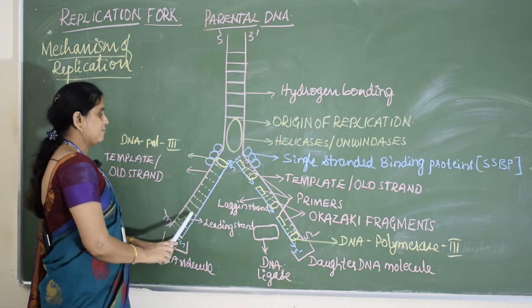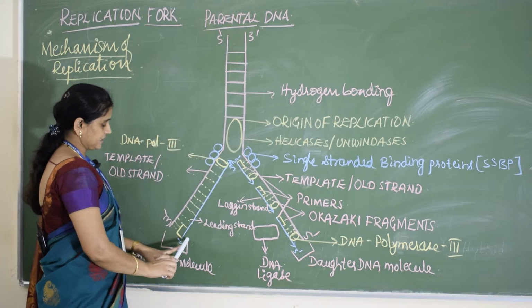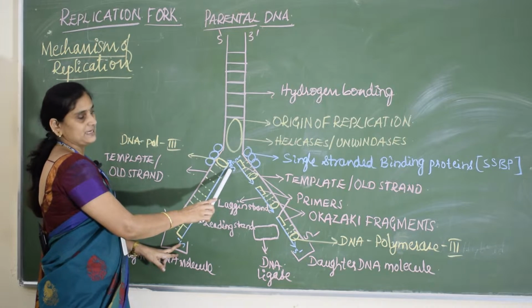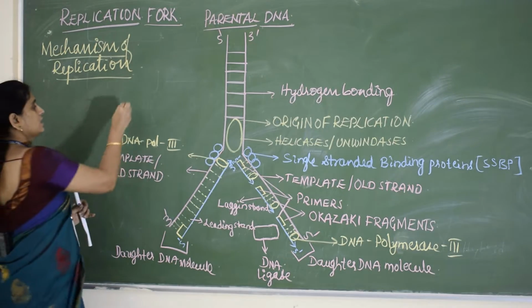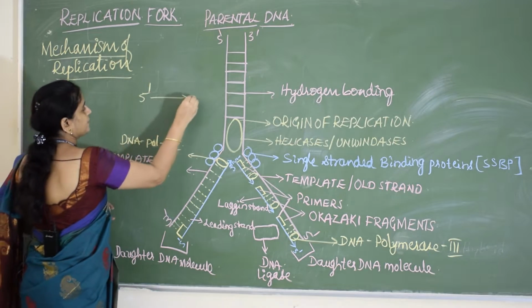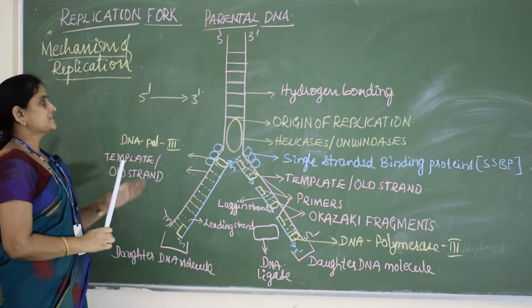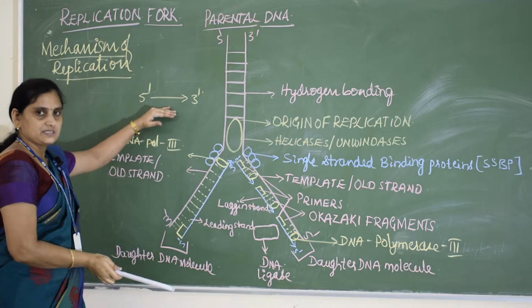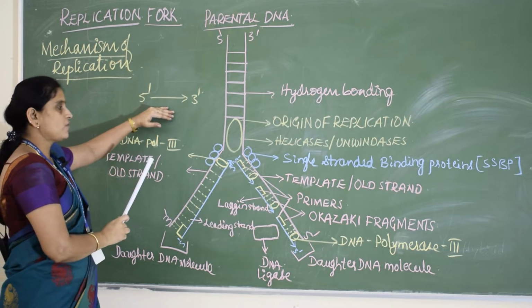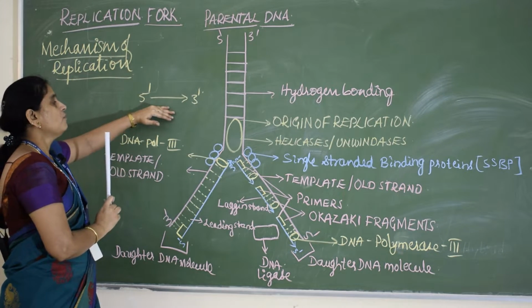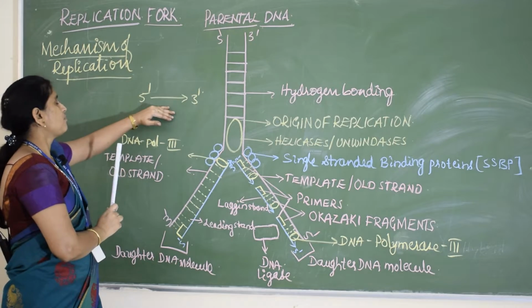DNA polymerization always occurs in 5' to 3' direction. You need to remember here, it never occurs in the opposite direction. This is very, very important to remember.